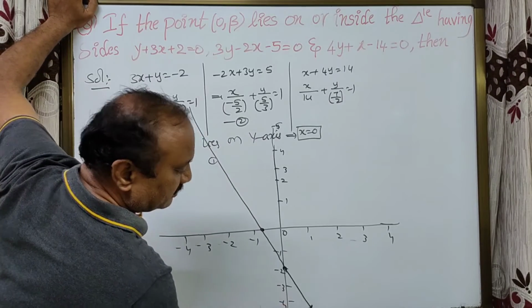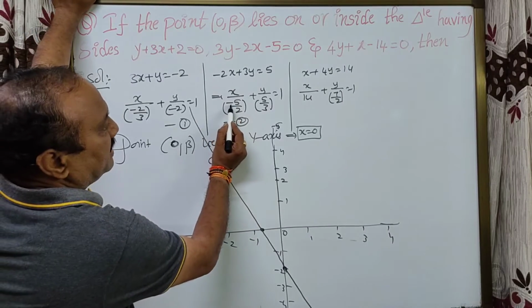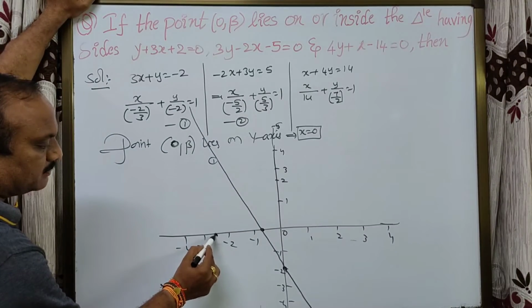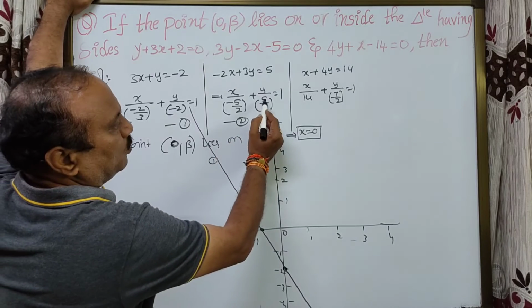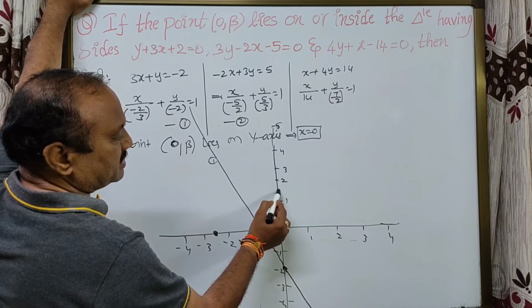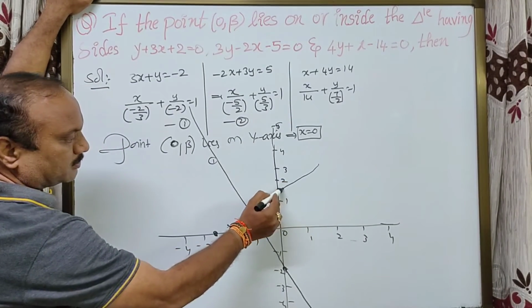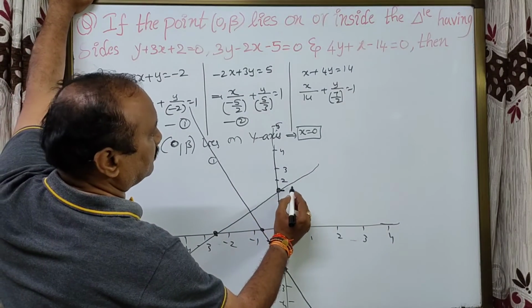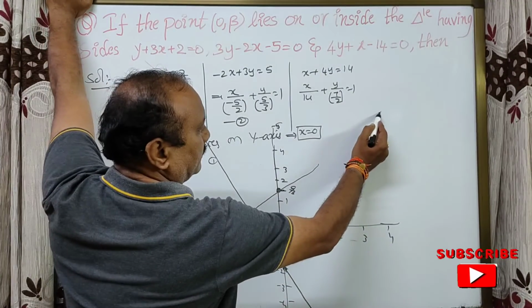You can extend the line. Here the x intercept minus 5/2 means minus 2.5 nearly, somewhere here. The y intercept 5/3 means 1.3, somewhere here. Please remember this point, 5/3. This is the line.